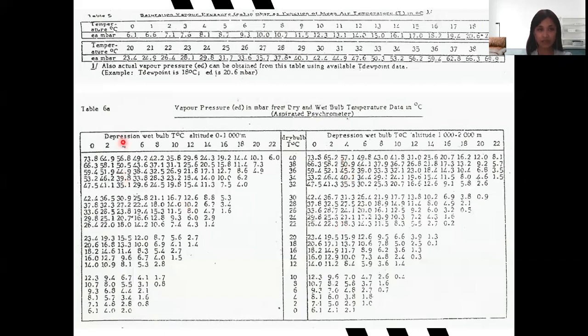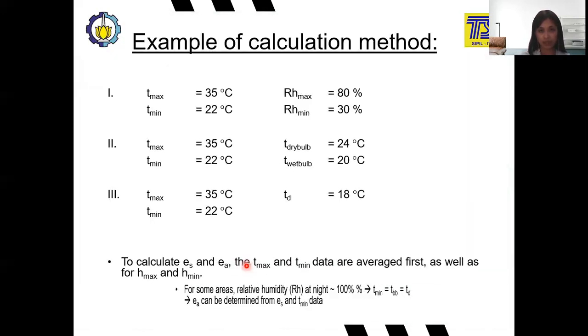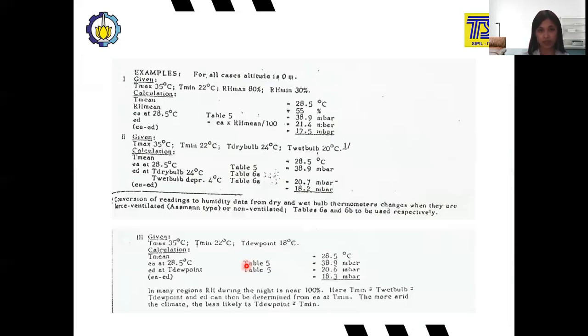So here we have table 6, and from our data, the altitude is 0 meter. So we have to focus on this table. And then we have the temperature of the dry bulb. So for all cases, altitude is 0 meter. And here we have the dry bulb of 24 degrees Celsius and wet bulb of 20 degrees Celsius.